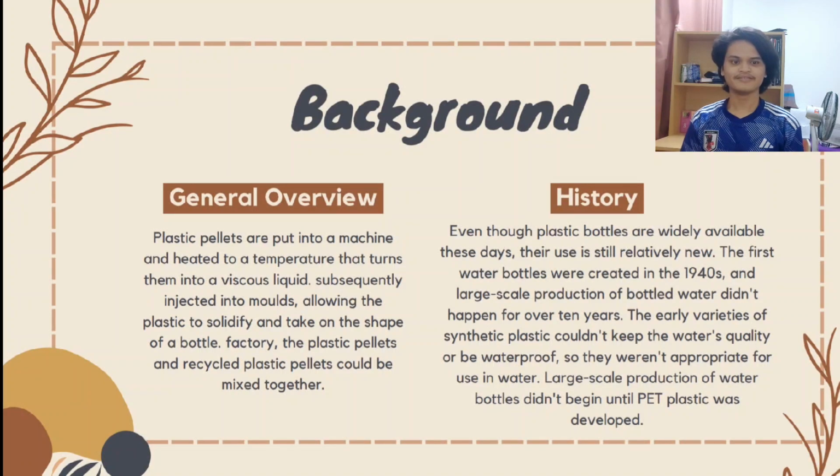The early varieties of synthetic plastic could not keep the water quality or be waterproof, so they were not appropriate for use in water. Larger scale production of water bottles did not begin until PET plastic was developed.